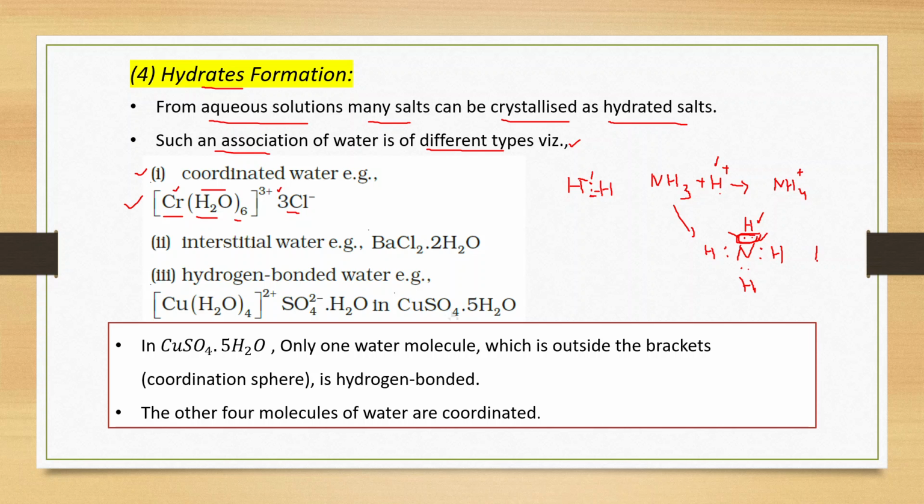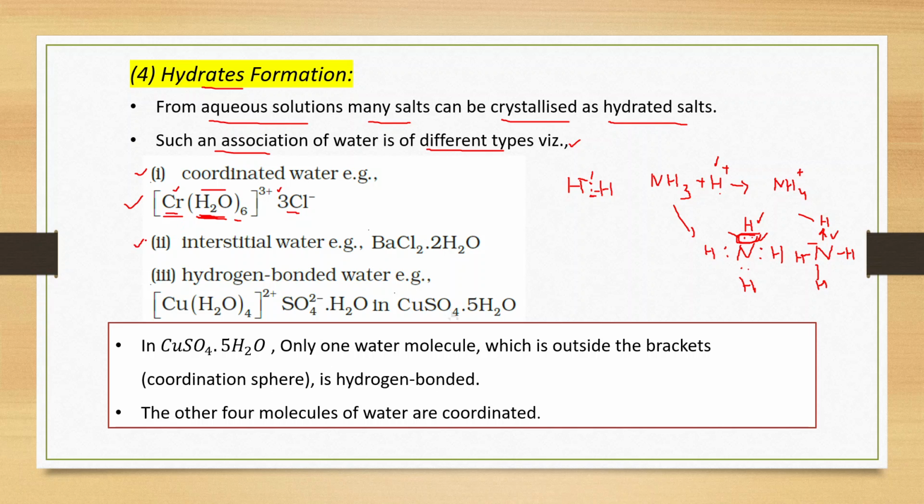This coordination bond is generally represented like this, and these are the normal covalent bonds. This arrow mark represents that the electron pair is donated by this nitrogen to this hydrogen. But after forming this coordination bond, it behaves like a covalent bond. So in this, the water molecule is coordinated, bonded with chromium.